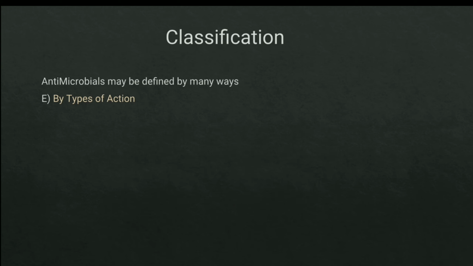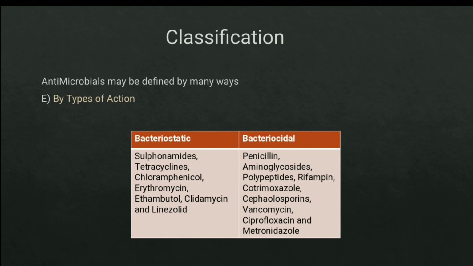After that we have types of action. So what are bacteriostatic drugs? Bacteriostatic, as the name indicates, bacterio means bacteria and static means not in motion, stable, stopped at one position. So bacteriostatic drugs don't kill the organisms, but they just inhibit the growth.